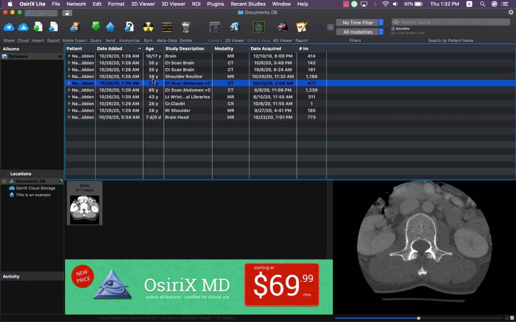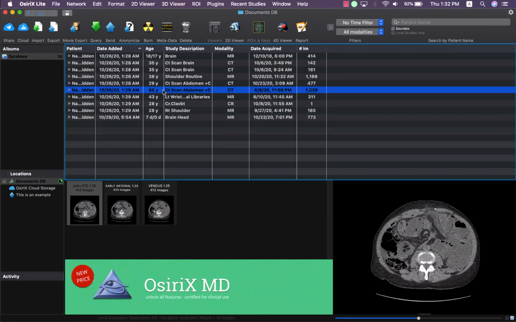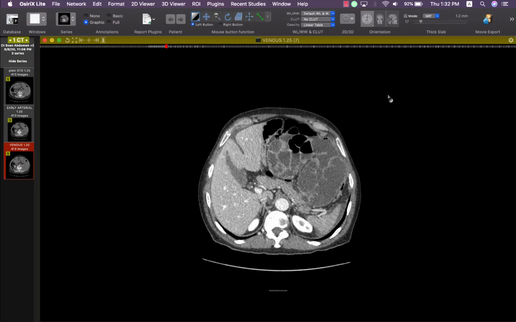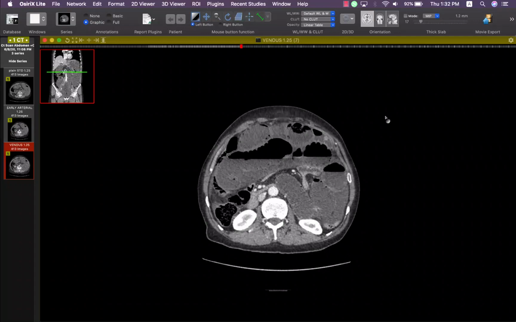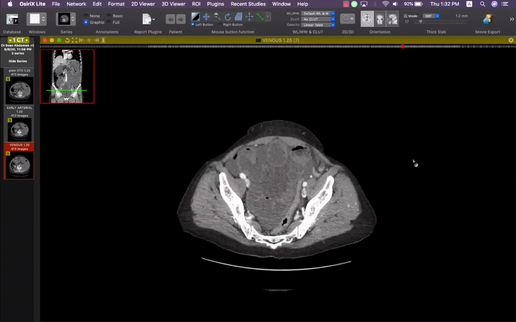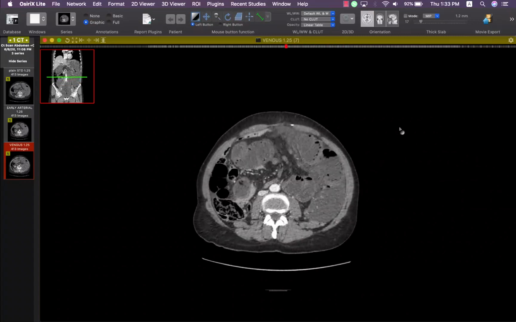Okay. The next case here is very important and very difficult actually. This is a patient who came with signs and symptoms of intestinal obstruction, for CT abdomen and pelvis.